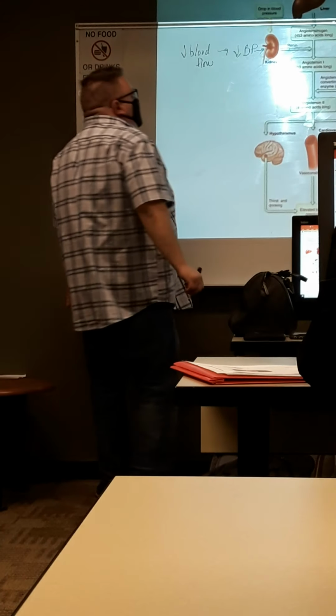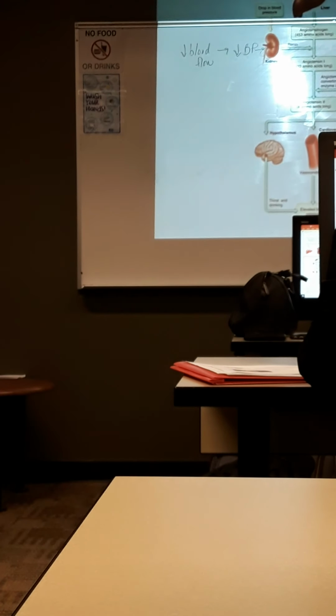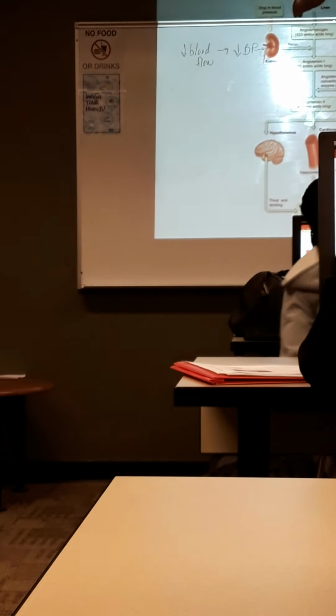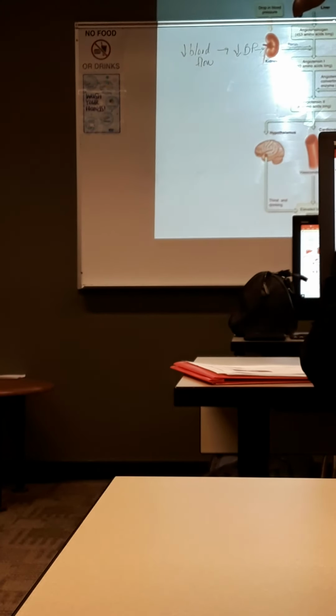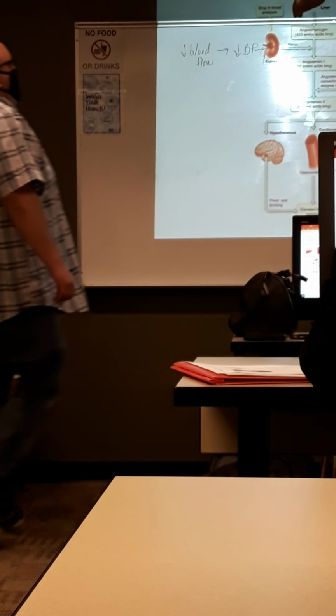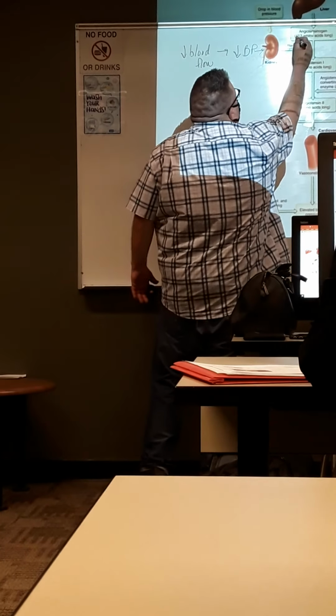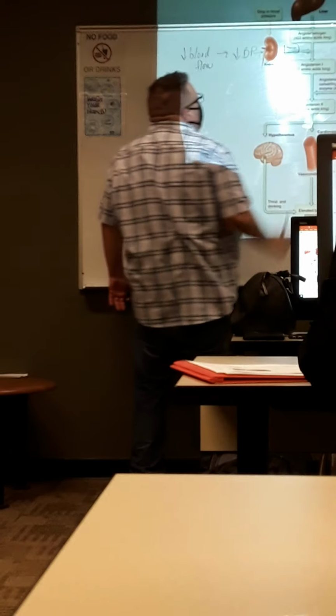And that's going to be sensed by the kidney. Okay? So the kidney has specialized cells that can sense or recognize a decreased blood pressure, okay, due to a decreased blood flow. Okay? Now the kidney in response is going to secrete a hormone called renin.